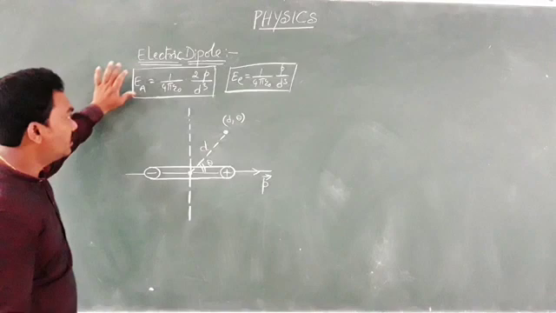Hope you are familiar with vector resolution. When P bar is the dipole moment vector at an angle theta, then P cos theta and P sin theta are the vector components of your dipole moment. Means you are finding two dipoles. How many dipoles? Two dipoles. Apart from your original dipole, keep it aside.